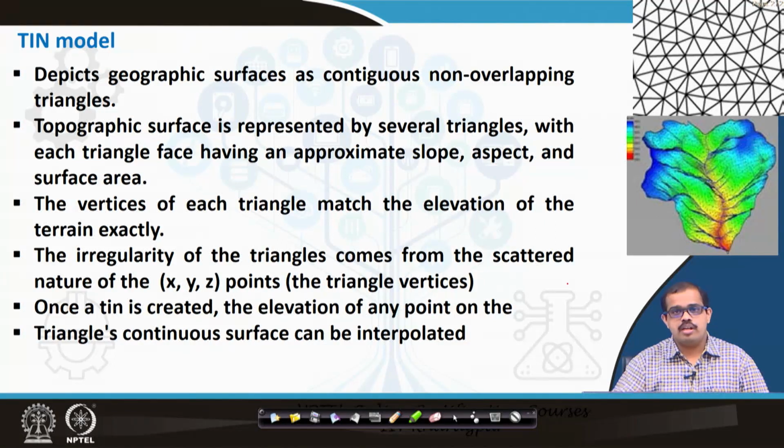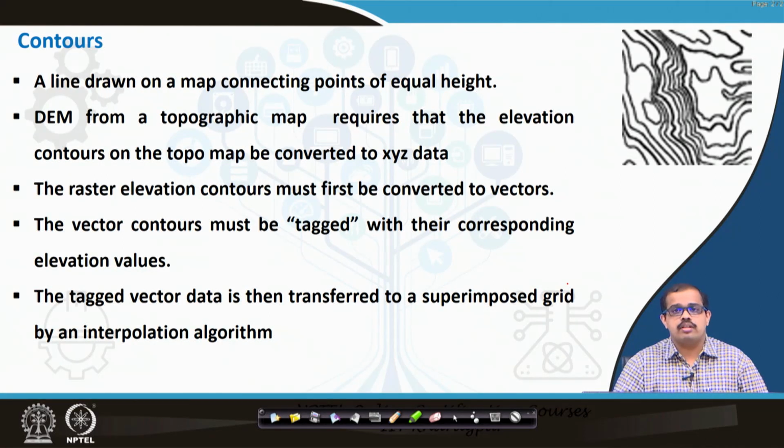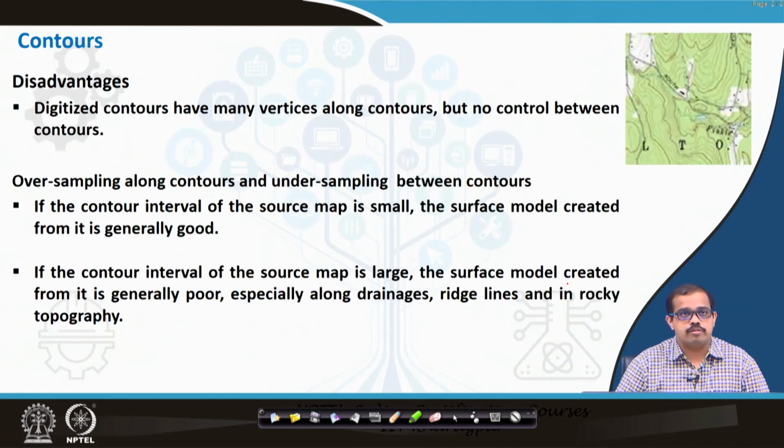Then you have a TIN model. I have already explained the TIN model previously, so I will not get into details of what a TIN model is here. Then there is the contour model. Again, I spoke about the same thing in the previous sessions, maybe in the 5th week or 6th week, so please refer to those sessions when you are looking at the contour model.